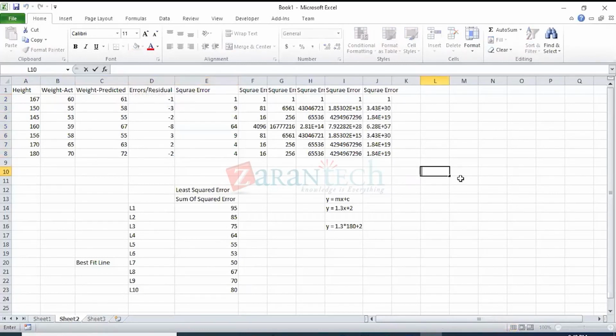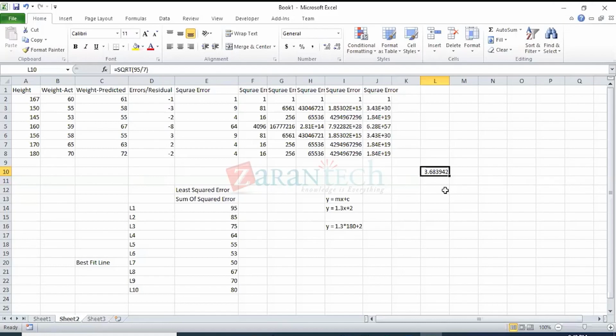So the square root of 95 divided by the number of data points in my data set, which is 7. Okay, so 3.68. This is my root mean square error, 3.68.